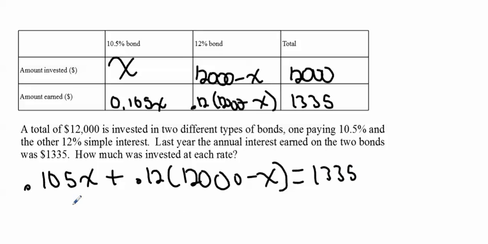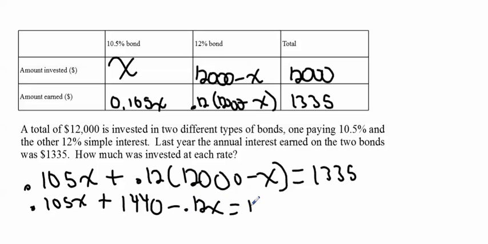So the next thing you do is the distributive property. So you get that plus 12% of 12,000, I believe, is 1440, minus 0.12x, and that's going to equal 1,335.